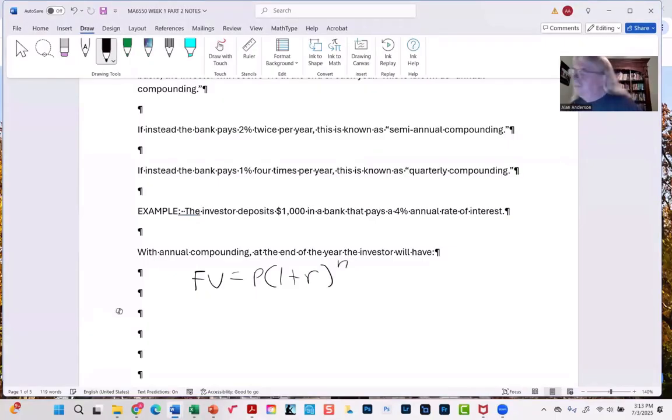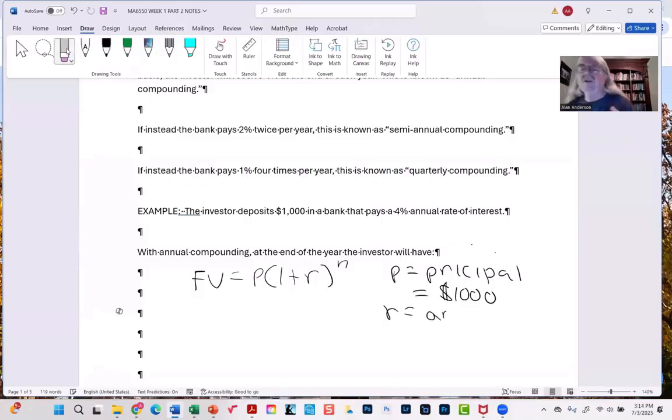And remember, P is the principal. In this case, that would be $1,000. R is the annual rate of interest. Well, actually, I'll just express it as the rate of interest. The frequency of the interest rate depends on the problem. So I'll just refer to it more simply as the rate of interest.